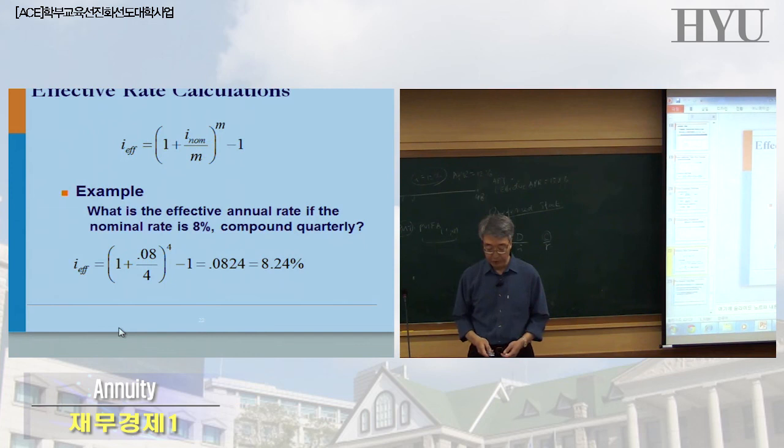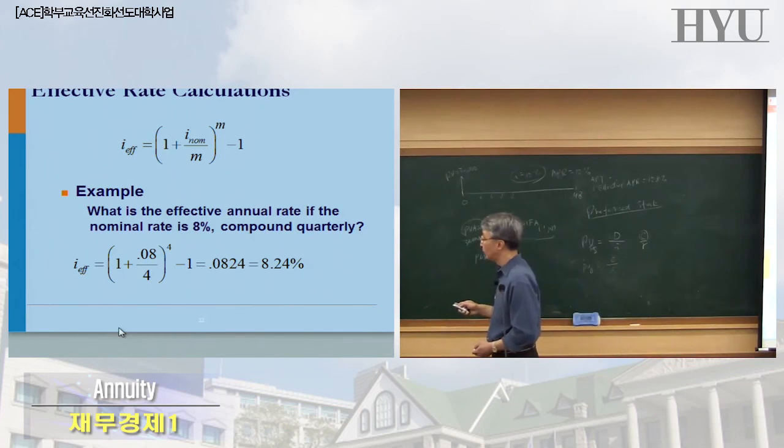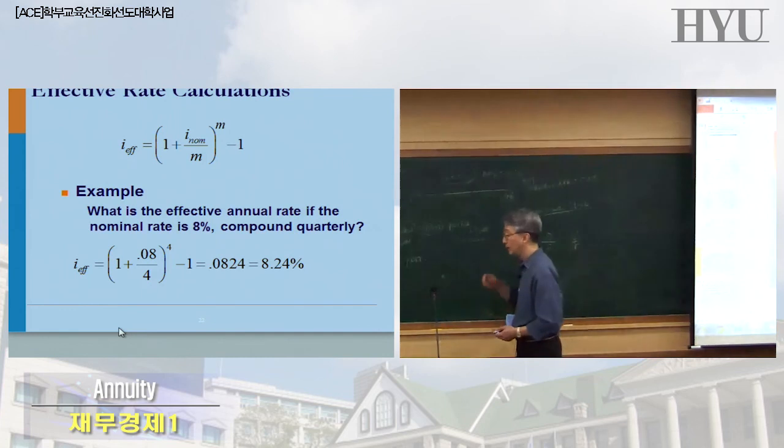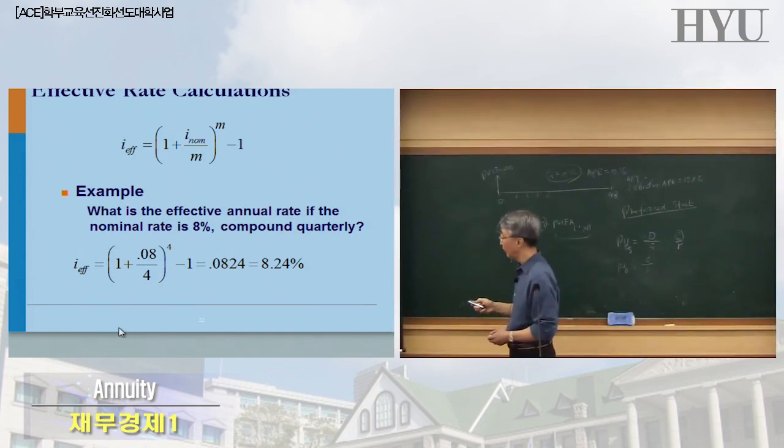So based on this, here's a formula to calculate the effective rate. If you know the nominal interest rate, say you're trying to buy a car, and the salesman tells you, well, we're going to charge you 12% annual interest rate, right? Then, if you know the compounding frequency, M is the compounding frequency, right?